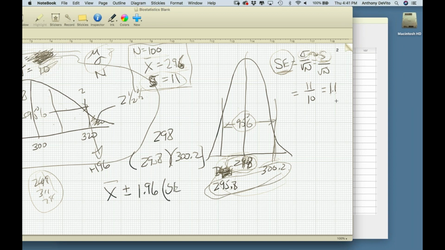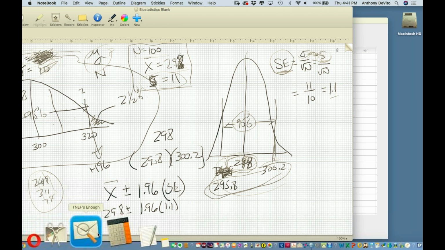Which in this case happens to be 1.1. So X bar is 298. 298 plus or minus 1.96 times 1.1. Okay, so let's calculate what that is.